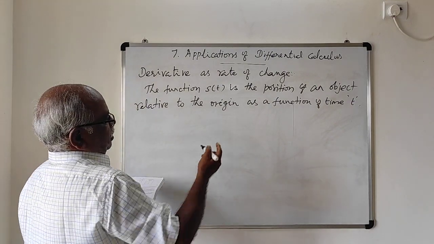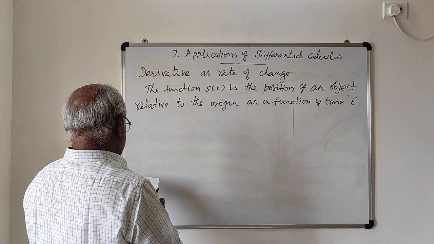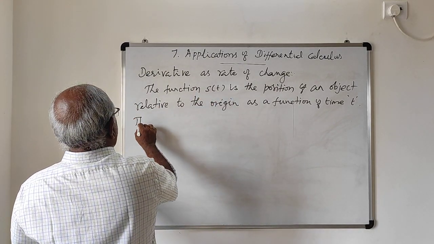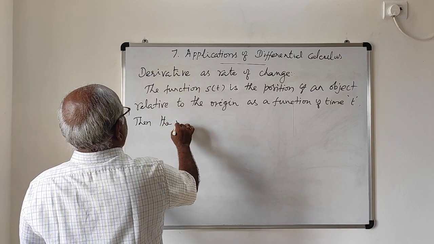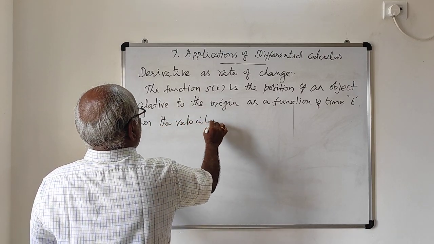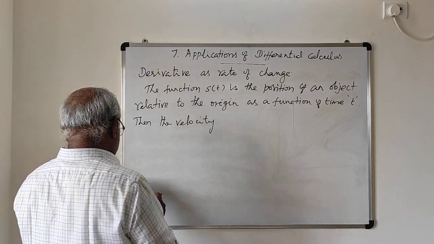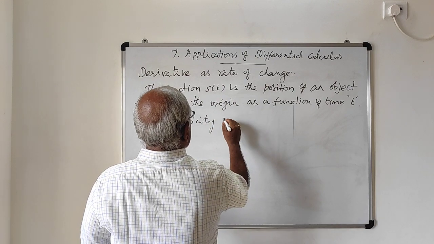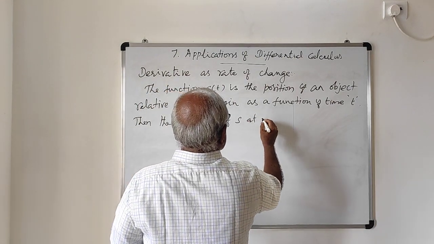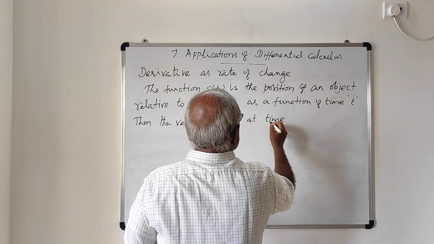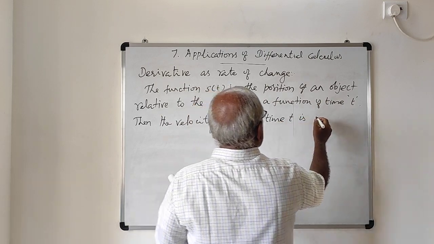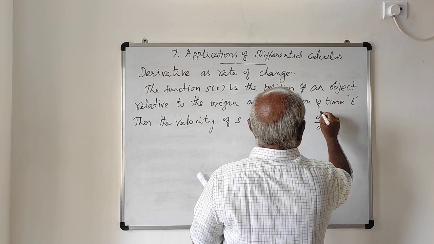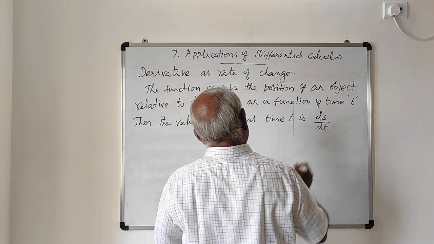Then the velocity of the particle, the velocity of s at time t, is ds by dt, the derivative of the function s with respect to t.